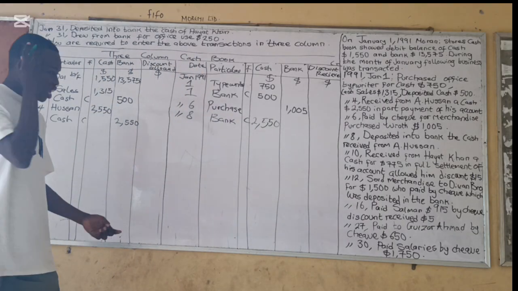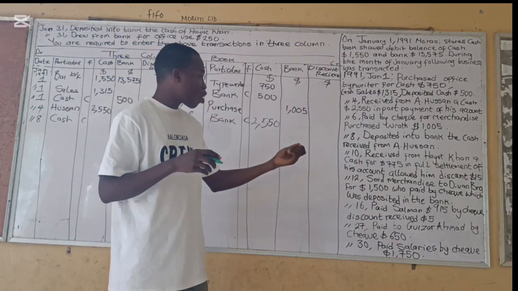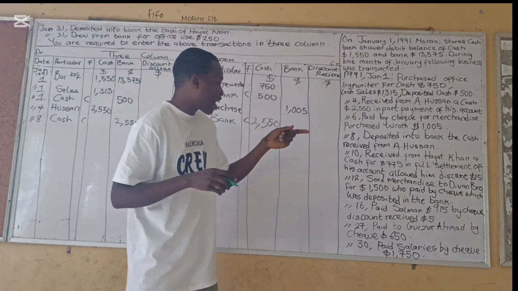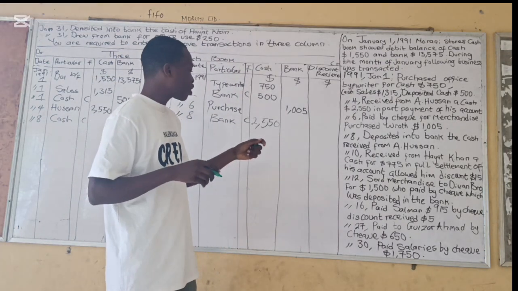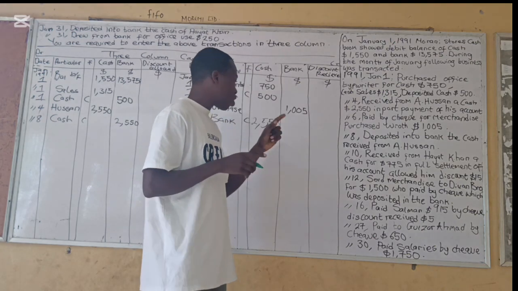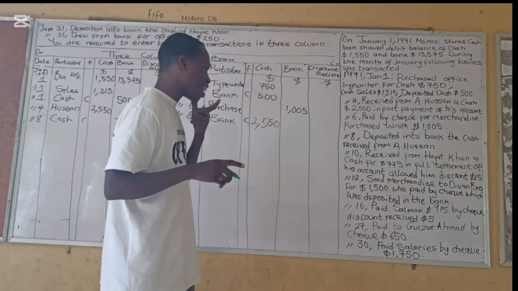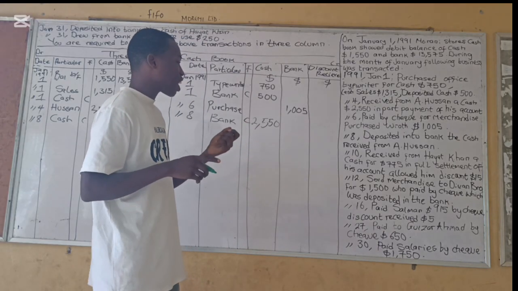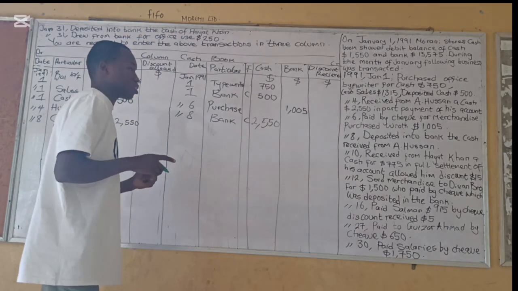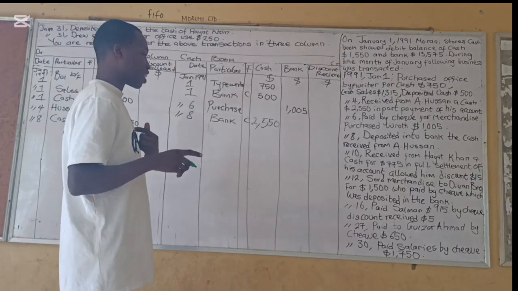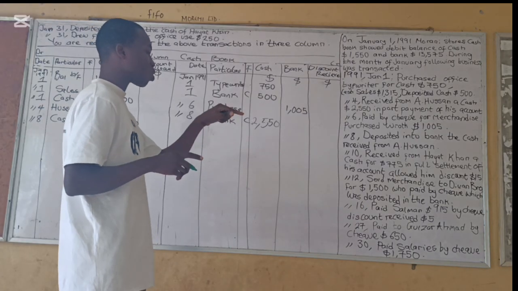That's all. Now the next one, received from Ayant Khan a cash for $775 in settlement of his account, allowed him a discount of $15. So you receive money from Ayant Khan, then you allowed him a discount of $15.